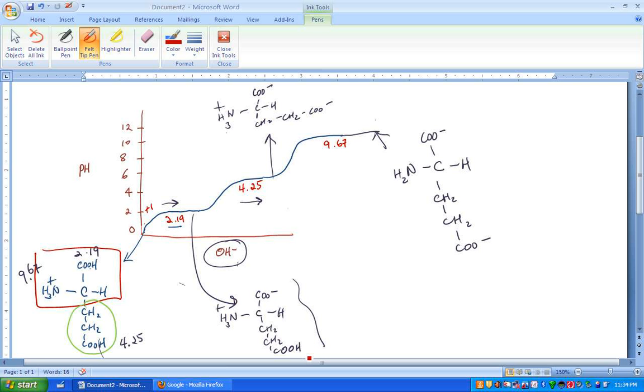So over here you have +1, -1, and then this is neutral. When you have +1 and -1 at the same point, it's referred to as zwitterion because you have both plus and minus. I think zwitter in German might mean 2. So it's +1, -1, so it's neutral right here.